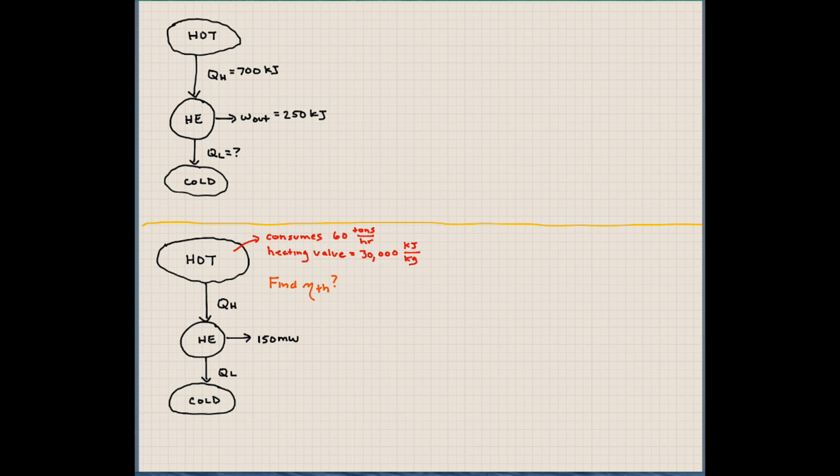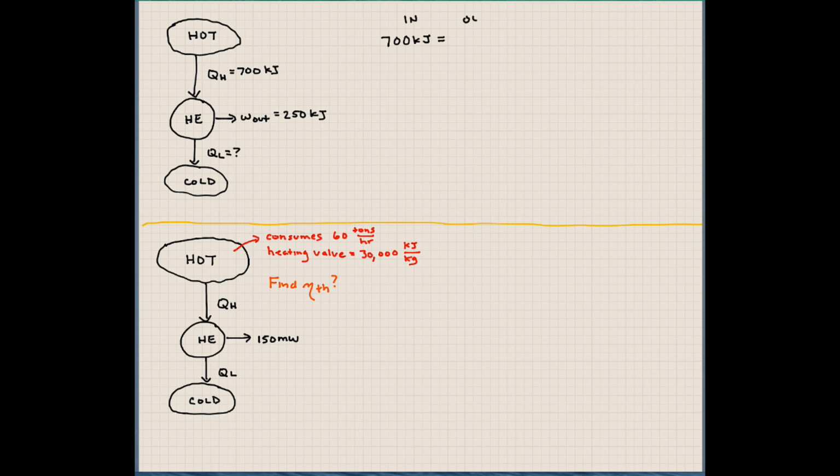The energy that's coming into our heat engine is 700 kilojoules. The energy leaving our heat engine, so this is what's coming in, so in.